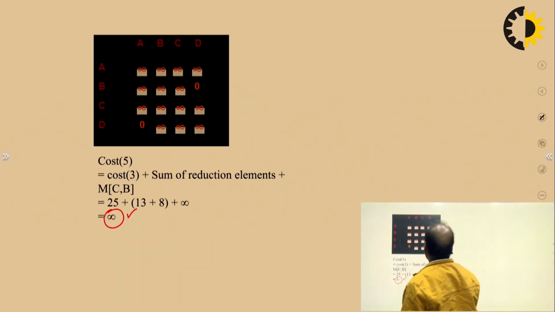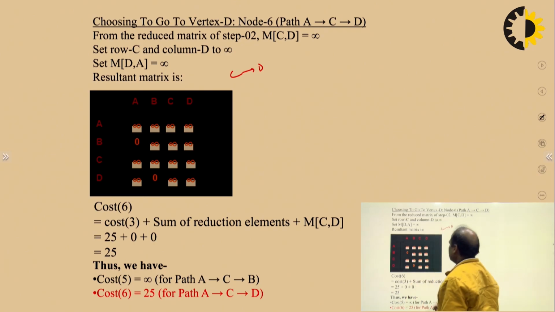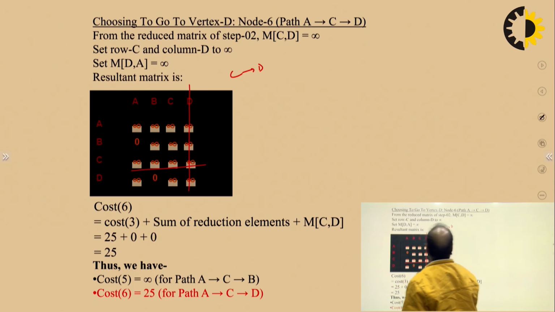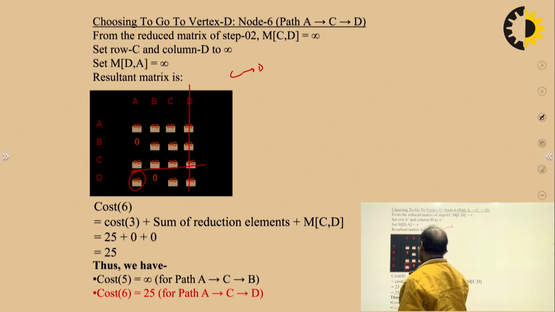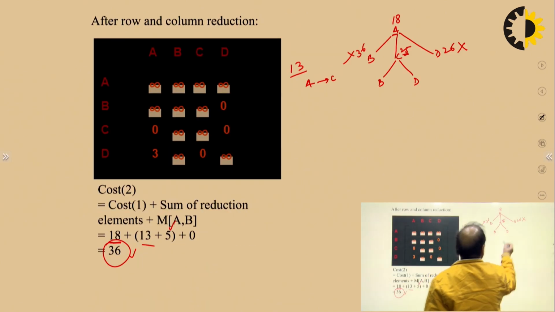Similarly, if you start with C to D, same node number 3 value, we are interested in C to D. So row C is infinity, column D is infinity, and then D to A should be infinity. In node number 3, which was giving 25, you see its cost is still 25. That means this is the possible exploration.